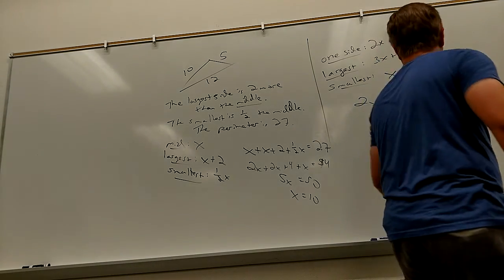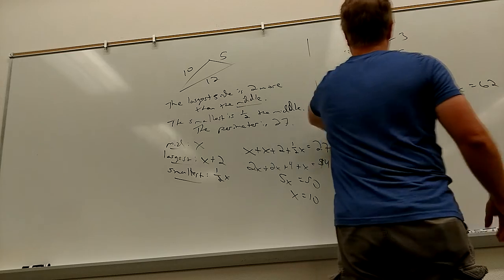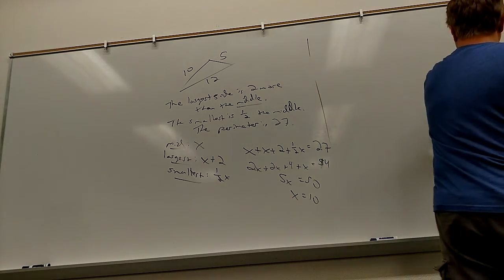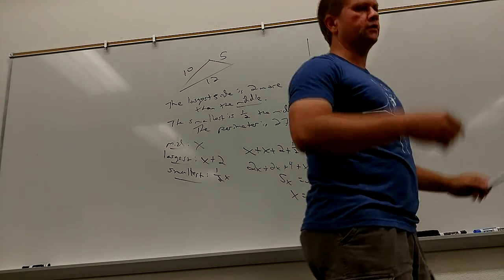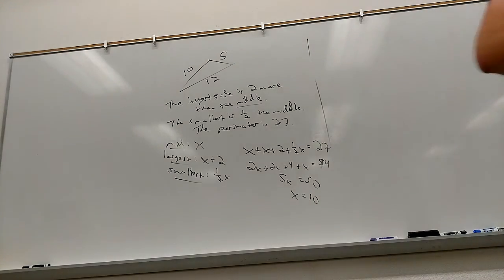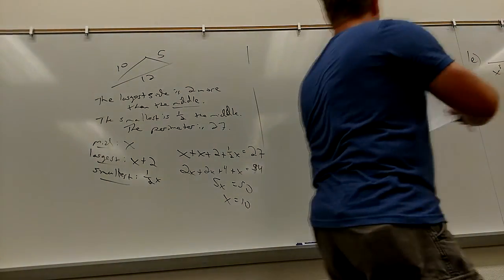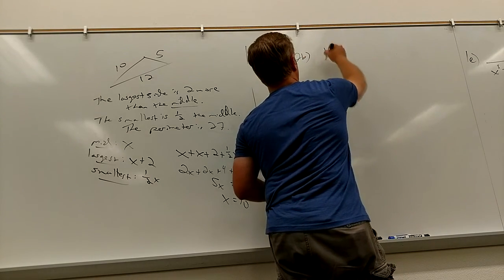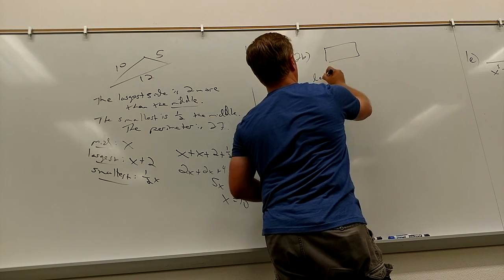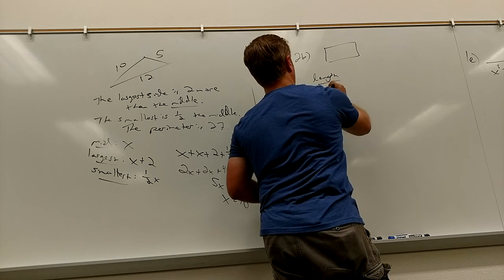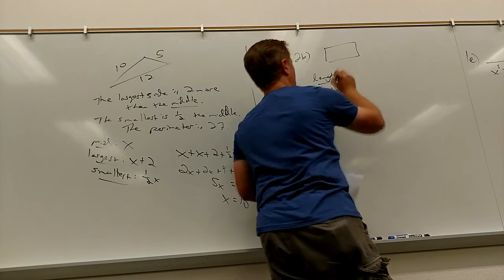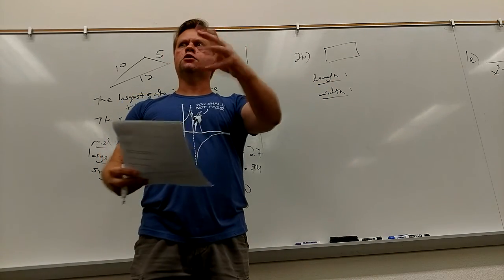So on 2b, I would highly recommend you draw a picture, but that isn't necessary. What are the players in 2b? The length and width. So in English, what are the players?